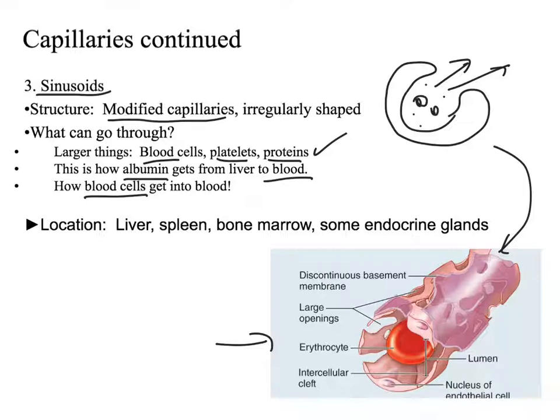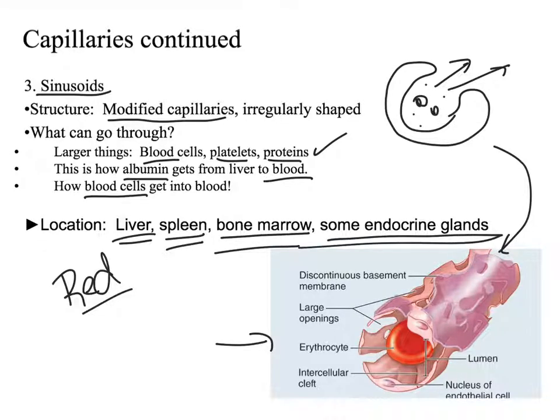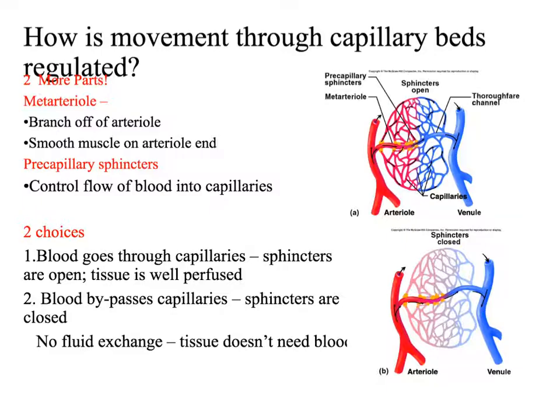Usually they say that organs that have sinusoids look red: the liver, spleen, bone marrow, and some endocrine glands.